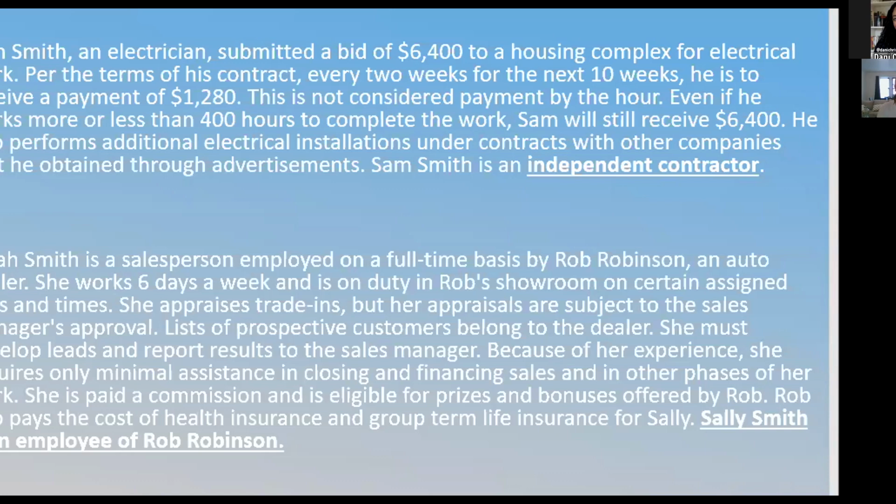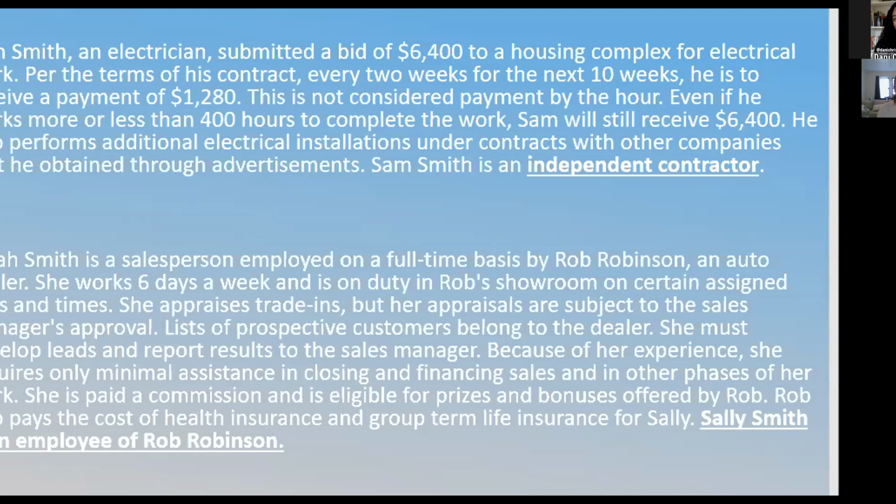She lists the prospective clients, who belong to the dealer, and she must develop leads and report to the sales manager. Because of her experience, she only requires minimal assistance in closing and financing sales and in other phases of her work. She's paid a commission and is eligible for prizes and bonuses offered by Rob. Rob pays her health insurance and group insurance.